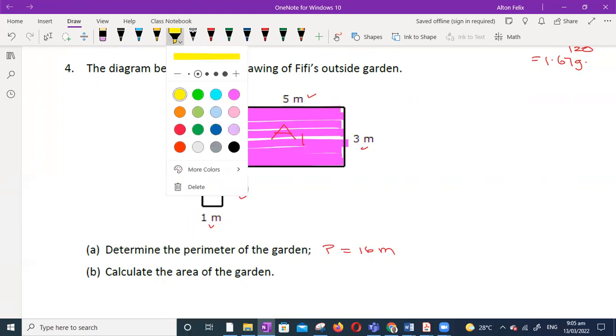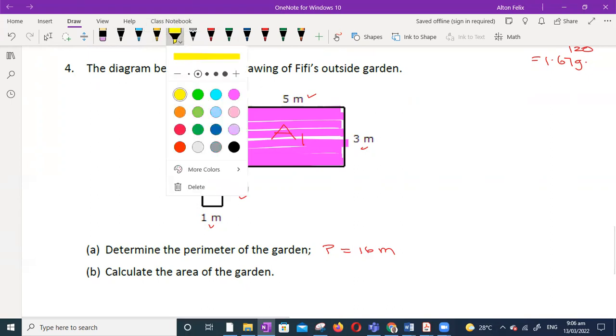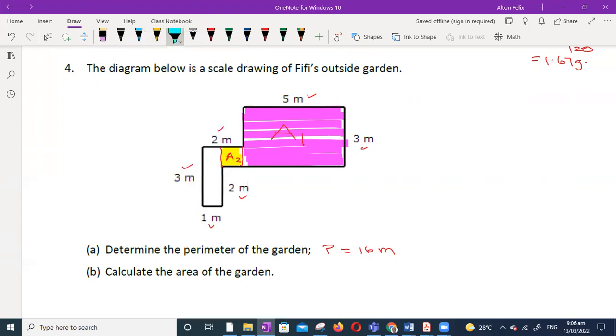Finally, we cut the last rectangle here, which we call area 3. Once we have done that, it makes it much easier for us to work out the total area for this shape of the garden.